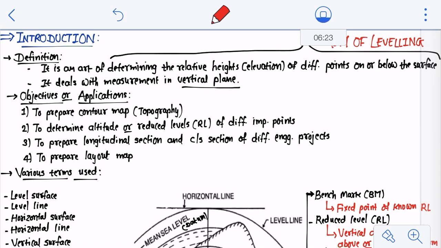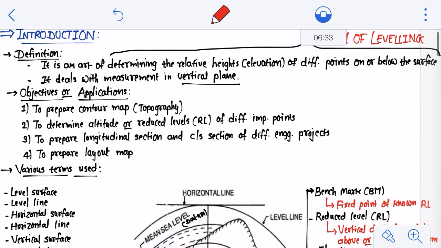So this leveling actually has two different objectives, and as you can see here on the screen, these objectives or applications that I have mentioned here are the elaborated version of the original objectives of leveling. So I have not mentioned those here on the screen, but I'll discuss them with you first of all, right? So these four you can see here on the screen are more termed as the applications and not the objectives. So what are the objectives that I'll discuss with you now?